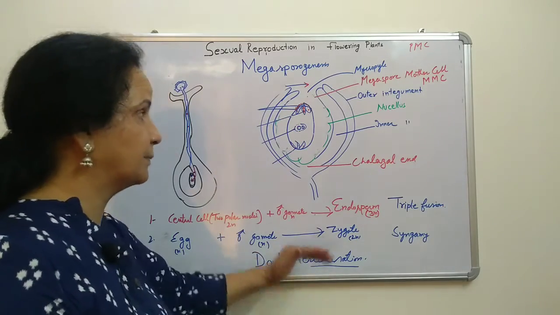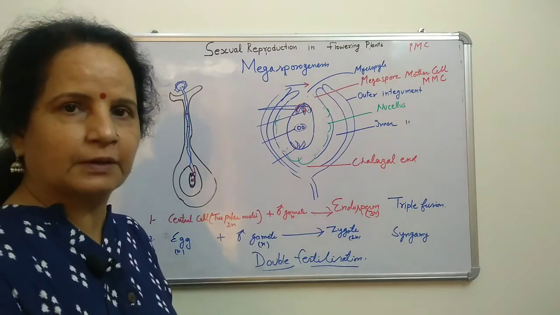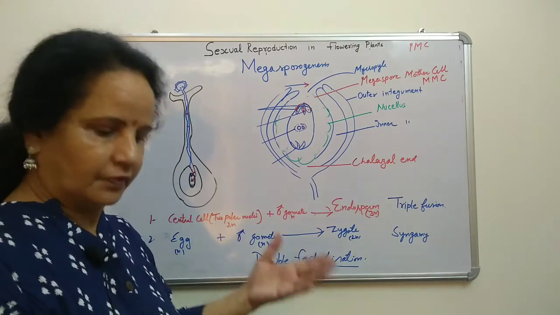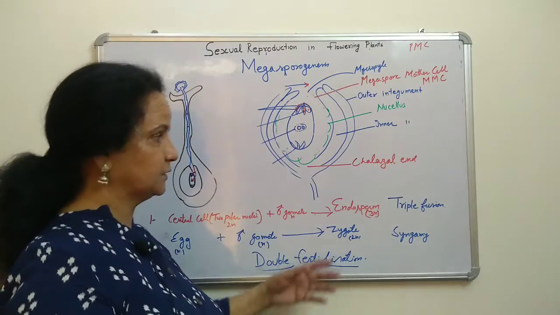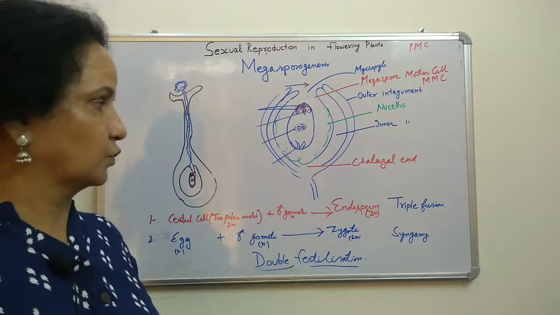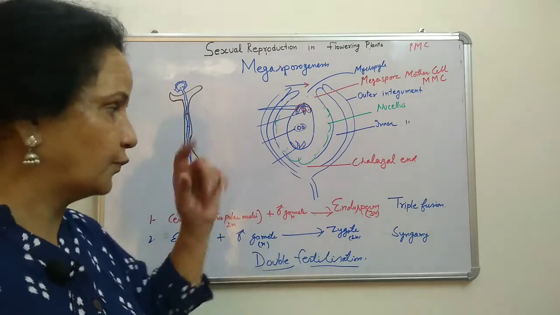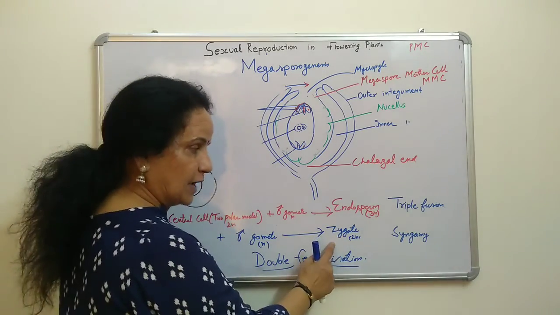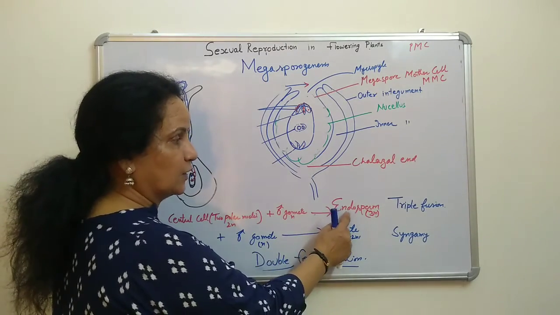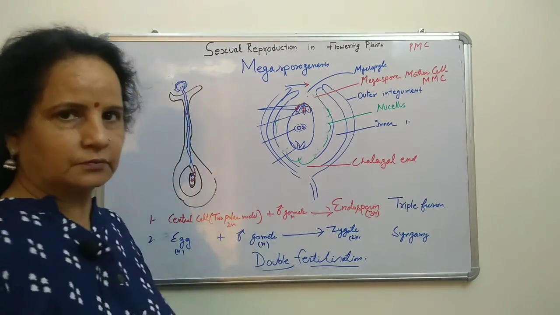Now for further development, embryonic development will take place after fertilization. They will also require food, as any process requires food for growth and development. So from where will they get that food? For the zygote or embryo development, the endosperm will provide food.